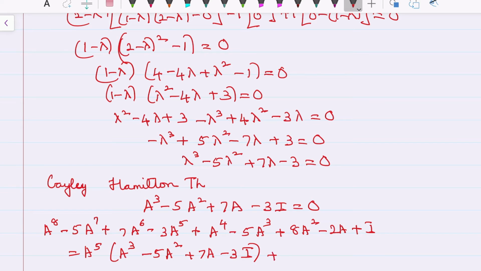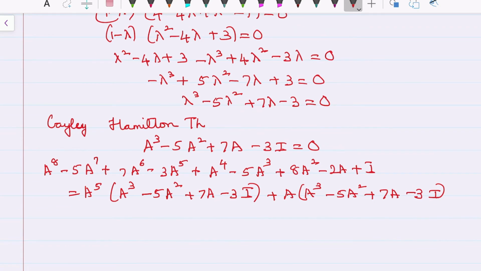Here I can just take out the A and I get (A cubed minus 5A squared plus 7A minus 3I). And we know that these terms will give you a 0. Then you have the remaining terms plus A squared plus A plus I.